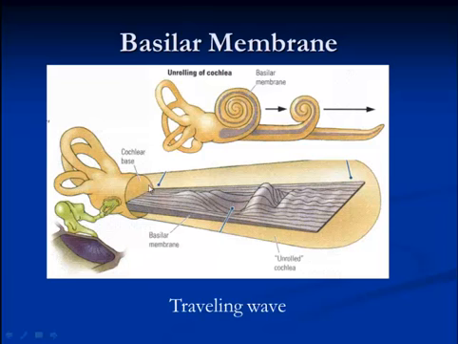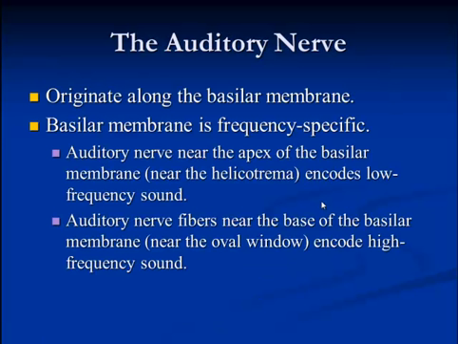Okay, here's that basilar membrane. High frequency here, low frequencies down there. So all the way along the basilar membrane, we have the auditory nerve being sensitive to different frequencies. For example, way at the end, the auditory nerve is sending a signal, if it's being pressed, that there's a low frequency, really low, maybe 50 hertz, 50 cycles per second.